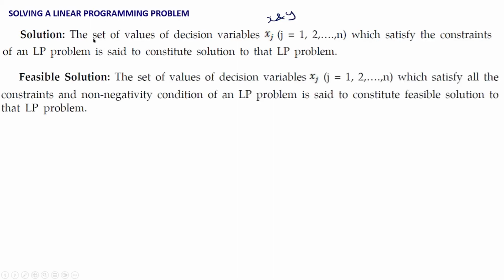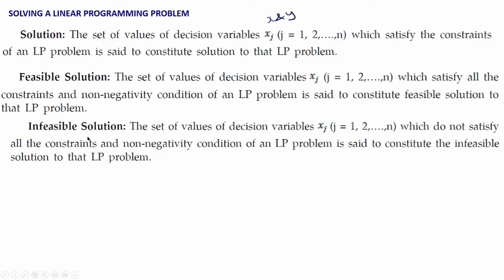And next we have the feasible solution. The set of values of decision variables, that is the set of values of x and y, which satisfy all the constraints and the non-negativity constraint of a linear programming problem is called the feasible solution. And next we have infeasible solution.